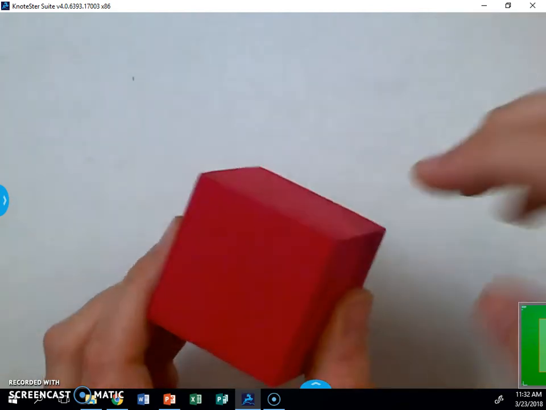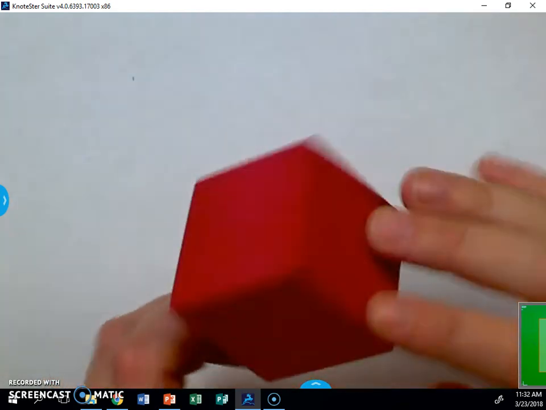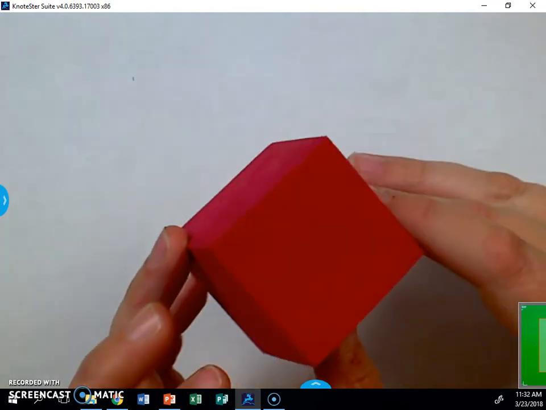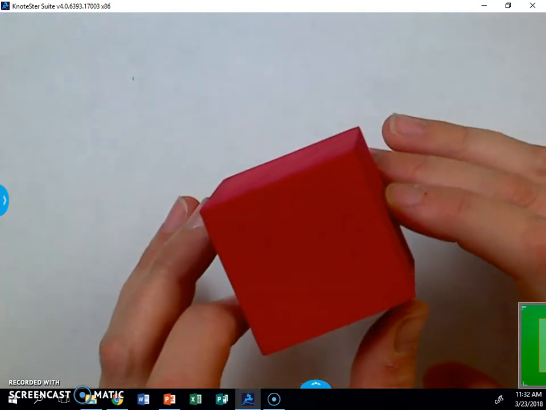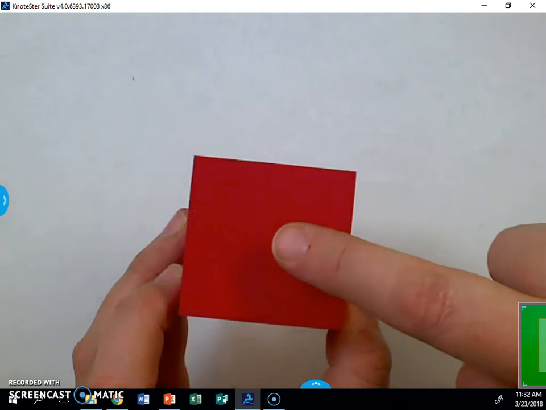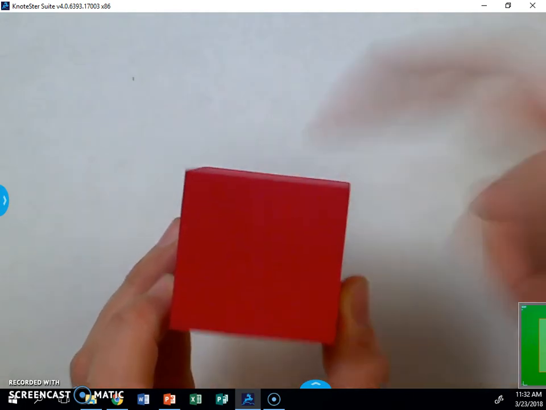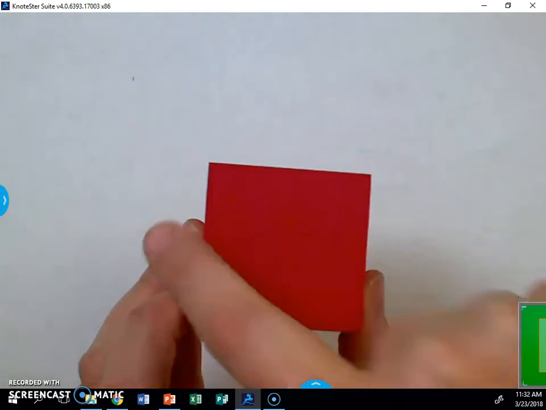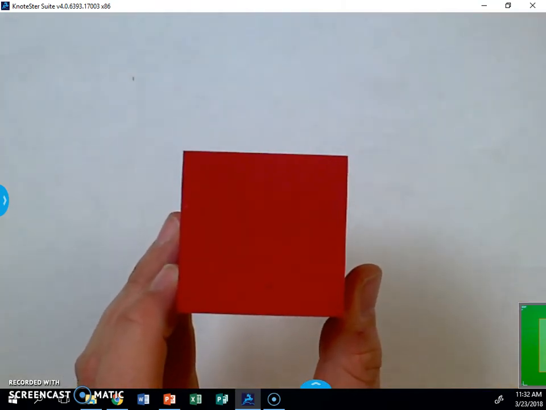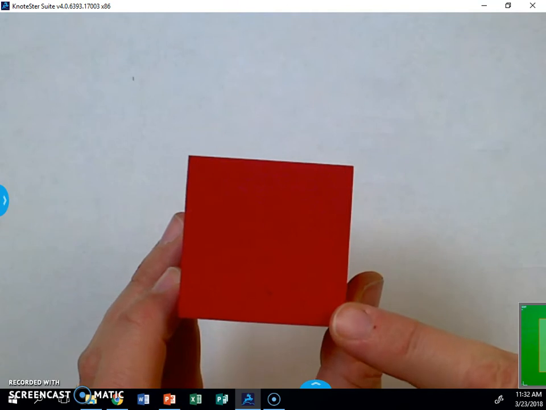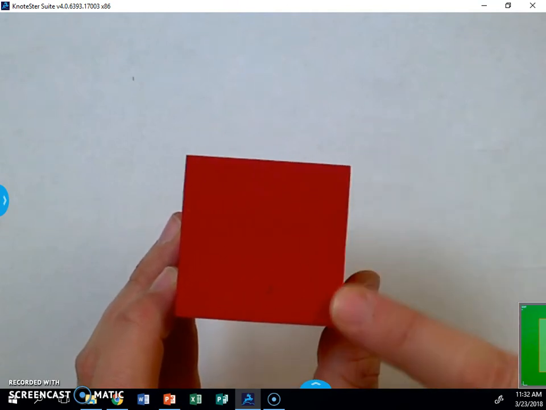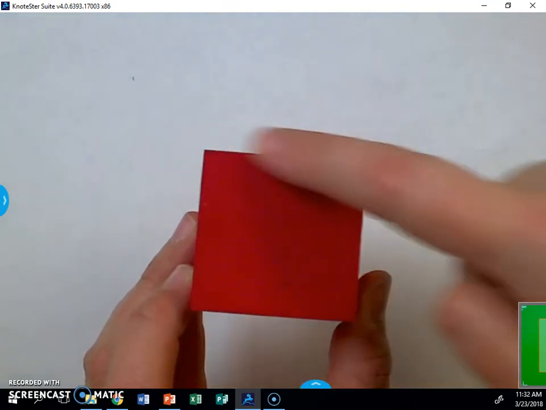In a cube, we would ask the students to identify the number of faces, edges, and vertices. We would count them 1, 2, 3, 4, 5, 6. So we would say that this cube has 6 faces. For edges, we count the number on one side. 1, 2, 3, 4.